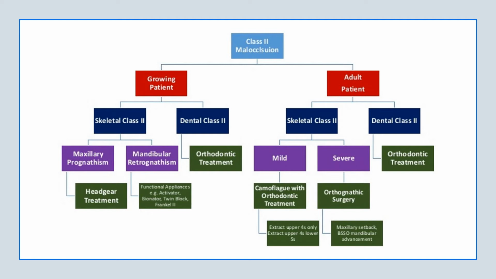Consequently, in the therapy planning of class 2 malocclusion cases, a differential diagnosis of sagittal and vertical jaw relations, as well as incisor positions, must be performed.